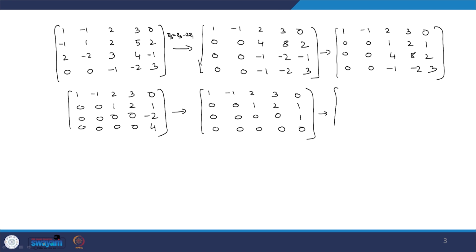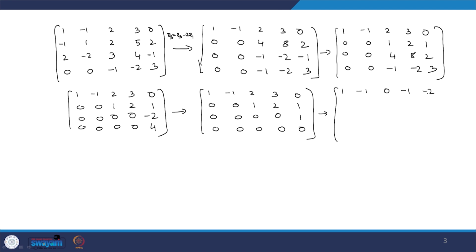Let me do it. This is equal to 1, then minus 1, and I have to multiply the second row by 2 and subtract it from the first row. So, this will be 0, then 3 minus 4, that is equal to minus 1, and 0 minus 2 will come into the picture.